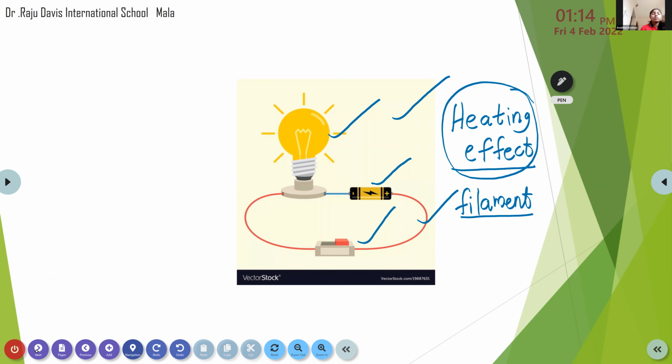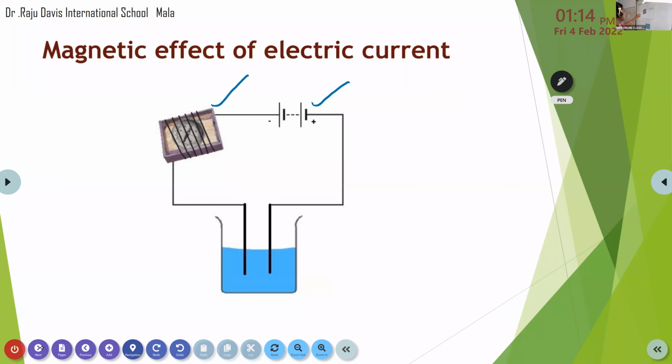Then in this picture, here is one magnet. There are two sides for a magnet. Which are the two sides for a magnet? South and north. So when we connect it into an electric circuit, if it contacts electricity, what observation can we see in that magnet?